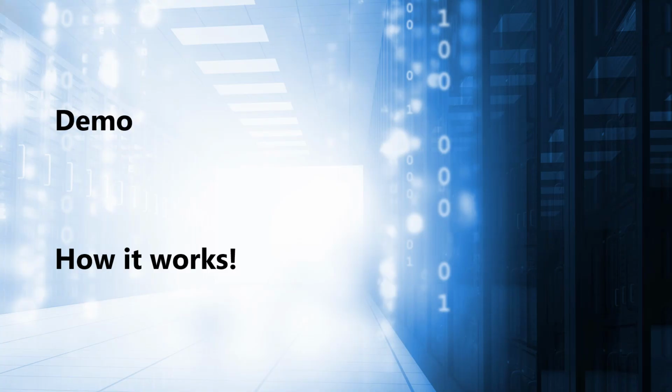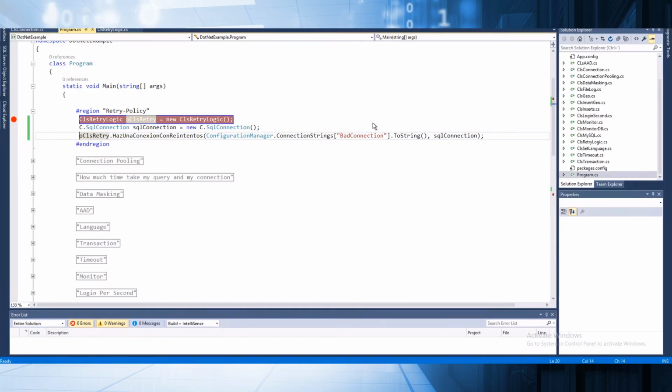Okay, so we are going to show you an example about the retry logic. I created this application using C#. I have several examples about the connection, using Azure Active Directory, connection pooling, monitoring, retry logic. But I would like to remark on the implementation of retry logic.